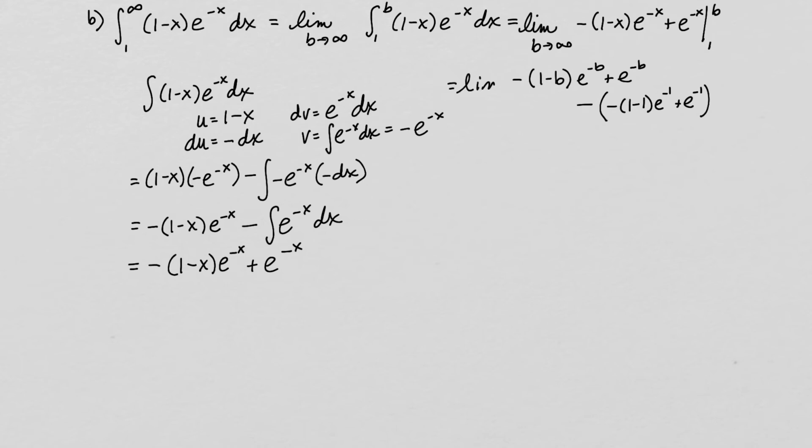Equals the limit as b approaches infinity. So that second piece is fairly nice, right? 1 minus 1 is 0, so that first piece drops out. So this is going to be equal to the limit as b approaches infinity of minus (1 minus b) e to the minus b, plus e to the minus b, plus e to the negative 1.